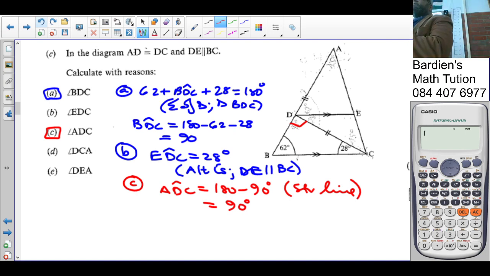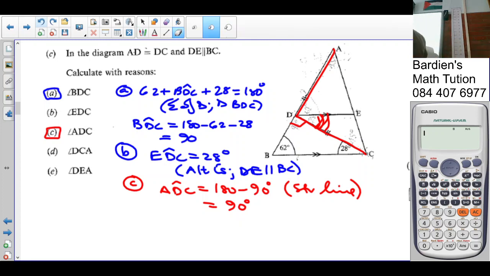Just hang on. They want angle ADC. So that 28 is within the angle they want you to calculate. Can you see that? That 28 is within that angle. So how do we calculate angles on a straight line?